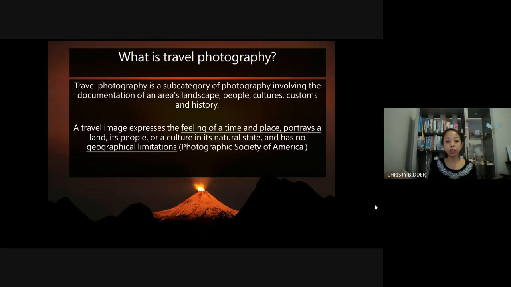Travel images can be so powerful they transport the viewers or people who look at the images into the places and cultures captured in the images.